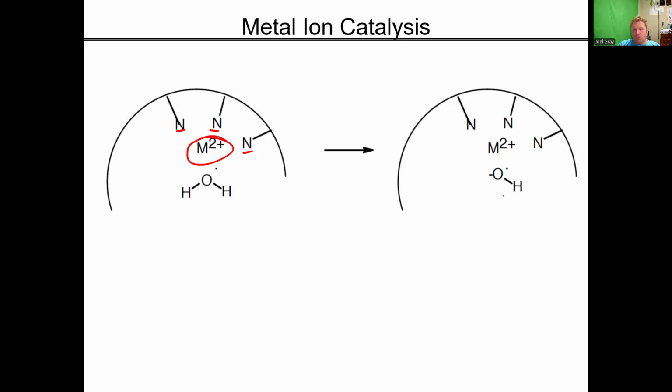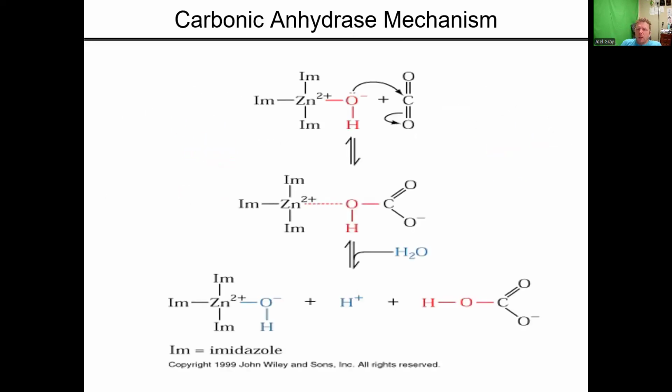Now, this is a great model for metal ion catalysis, and in fact, the model for the enzyme known as carbonic anhydrase. Carbonic anhydrase is an enzyme that takes H2O and CO2 and produces HCO3 minus.